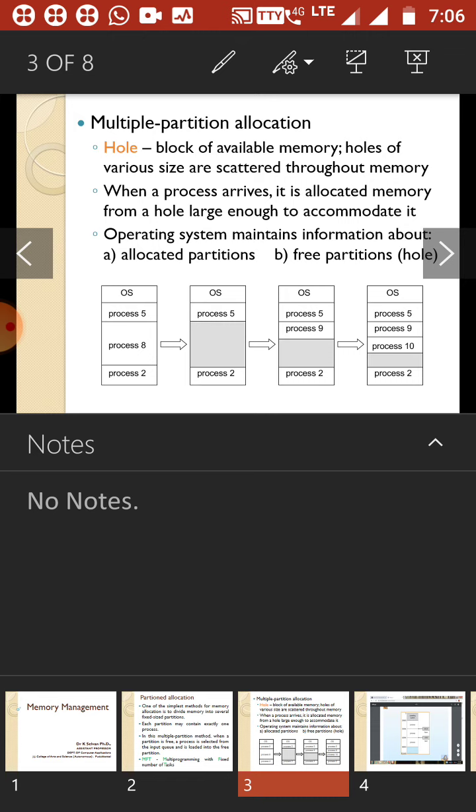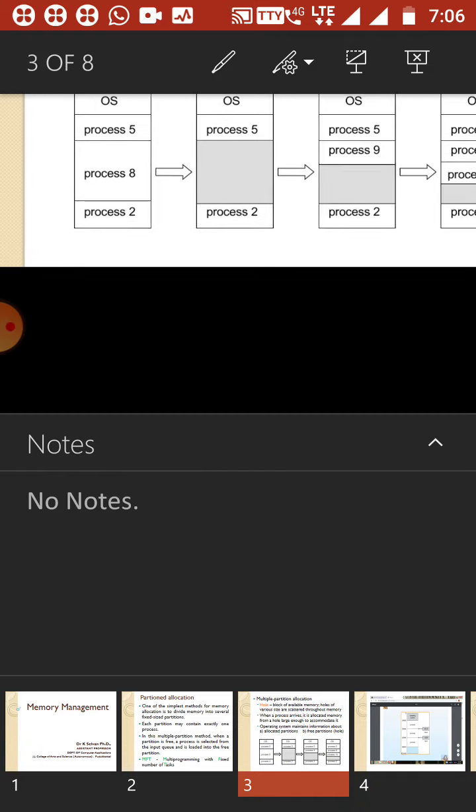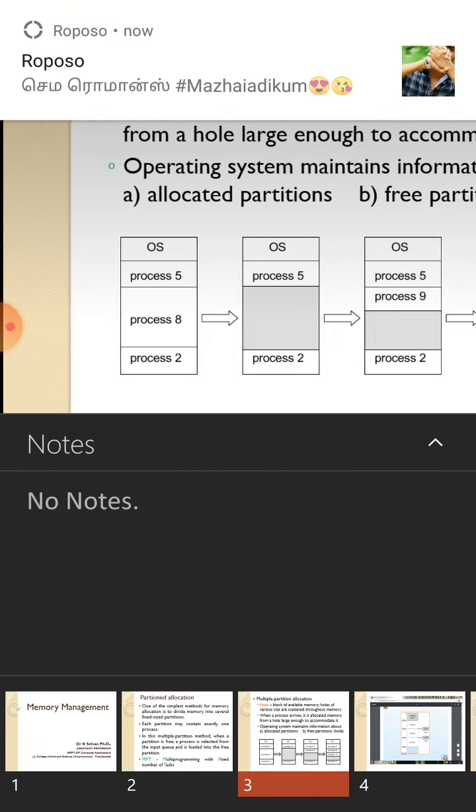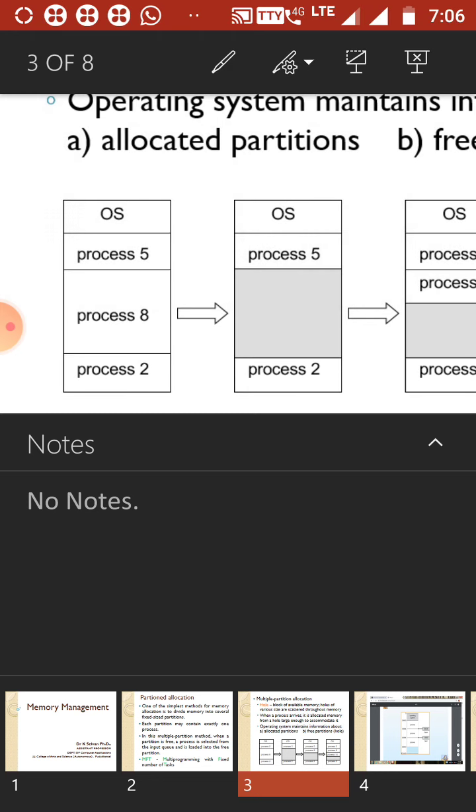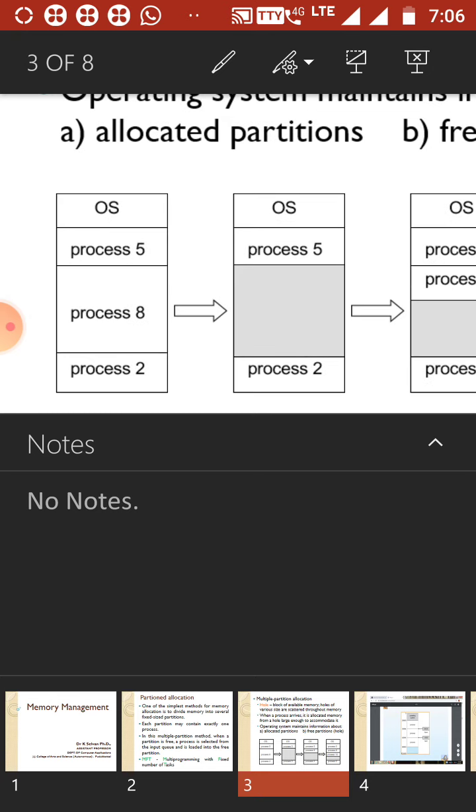So in this multiple partition allocation, for your understanding, first the OS occupies the low memory area, then process 5, process 8 and process 2. Then after a few seconds, process 8 terminates, and this portion will be free.